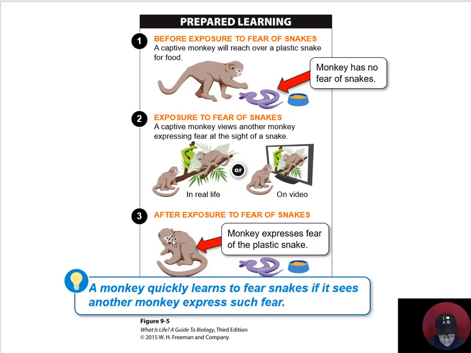If you were to put a snake between the monkey and the food, there is no way that monkey is going to reach over the snake to get the food. So after exposure, the monkey quickly learns to fear snakes if it sees another monkey express that fear.